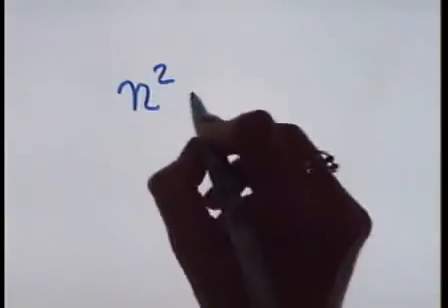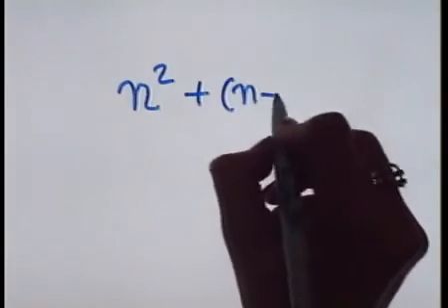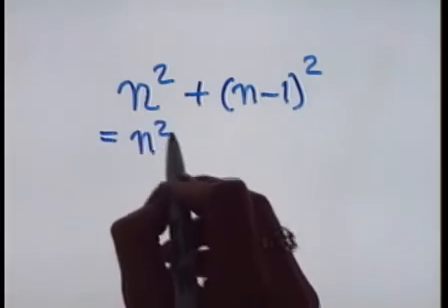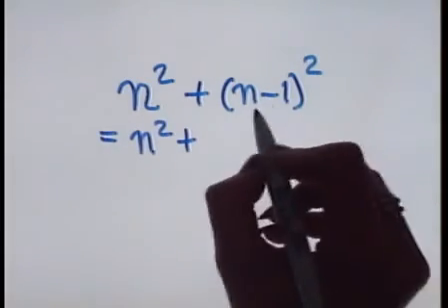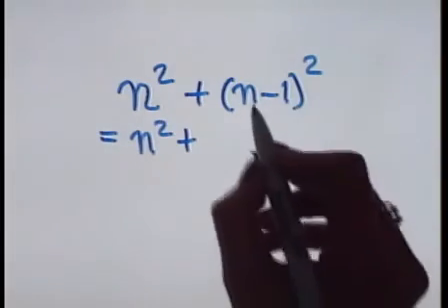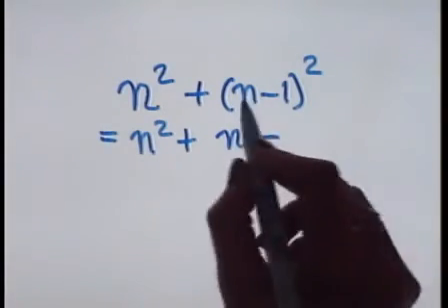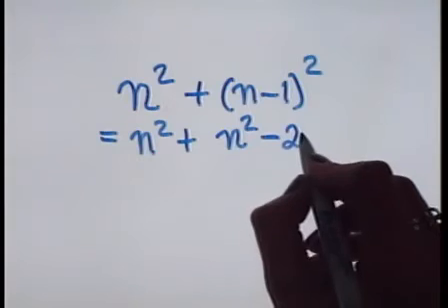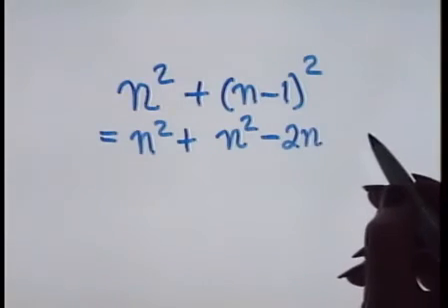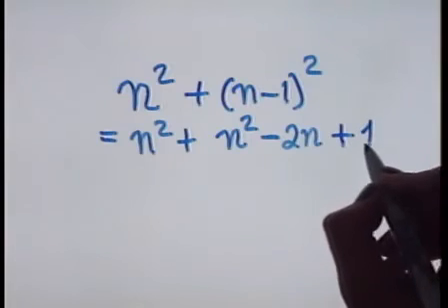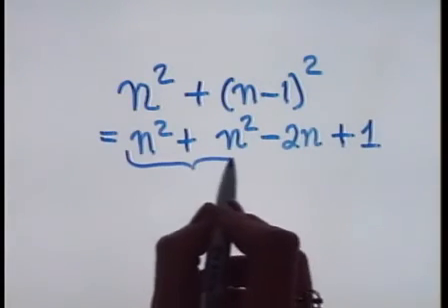We have n squared plus n minus 1 squared. That equals n squared plus, this is the square of a difference, which we've seen before. It's n squared minus 2 times the product, that's 2 times n times 1, which we don't have to write, plus 1 squared, which is 1. We now combine the n squares.